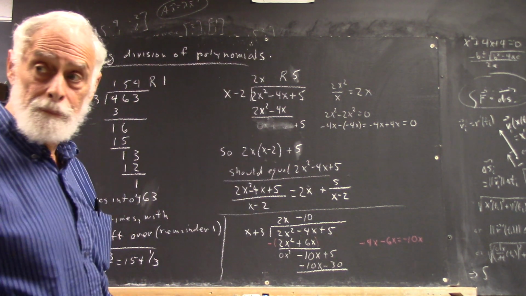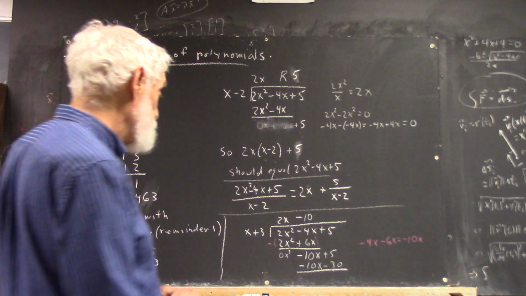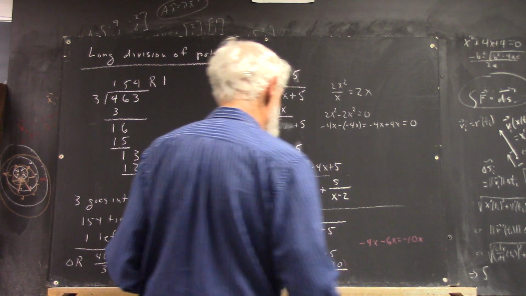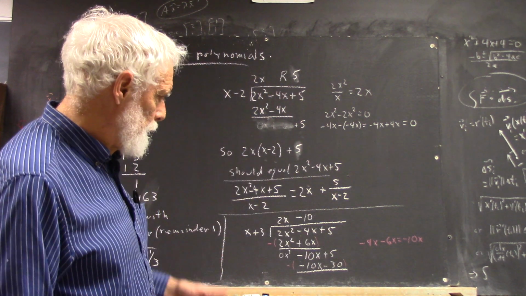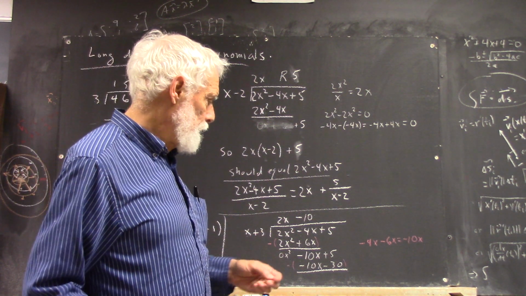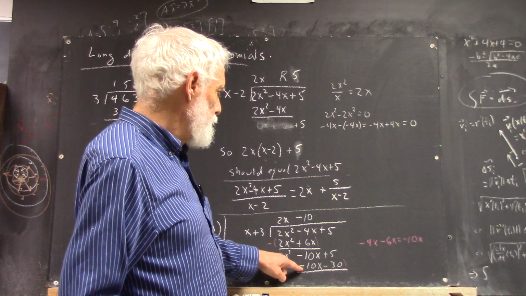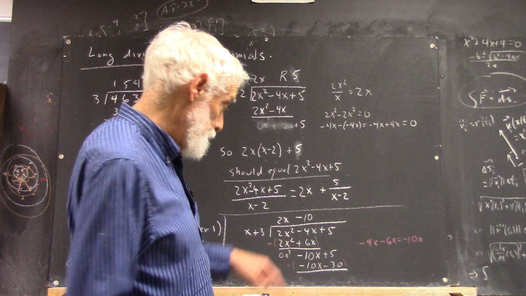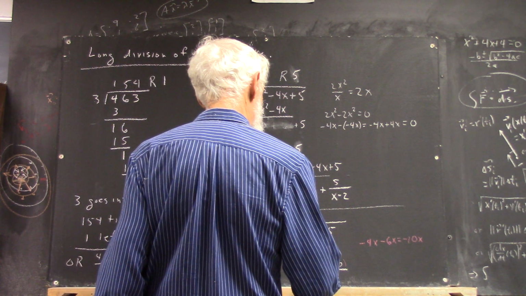Okay? Now, to remind ourselves, we could put a minus here with a parentheses, but we do that very lightly because it really isn't there. But it reminds us of what we have to do. So subtracting negative 10x from negative 10x means we're adding 10x to negative 10x, giving us 0x.